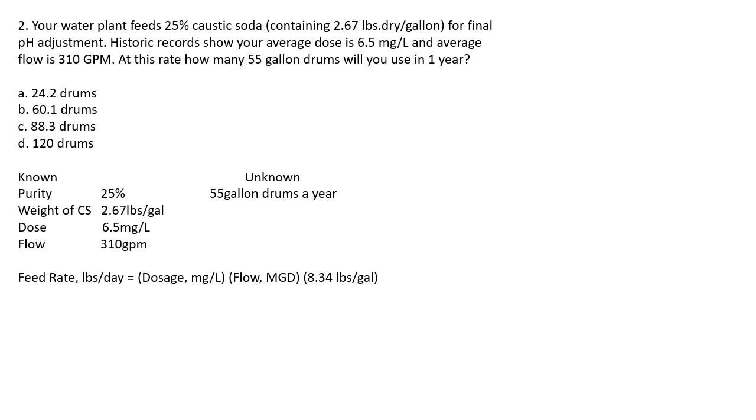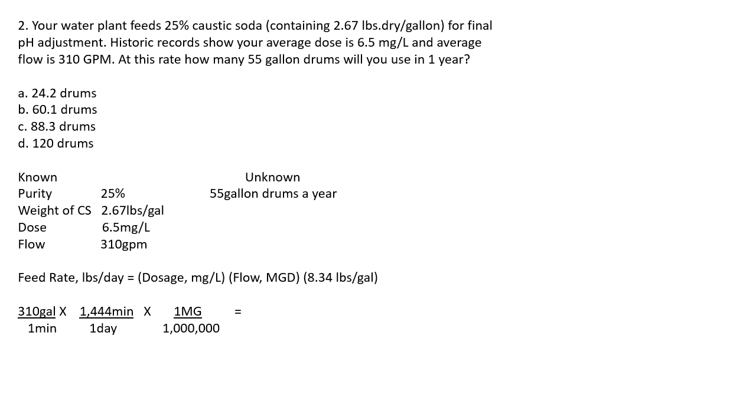All right, so our first step is we're going to do our feed rate pounds per day. So you have dosage milligrams per liter times flow million gallons a day times 8.34 pounds per gallon. So we need to convert our gallons per minute to million gallons a day. All right, so there are 1,440 minutes in a day, and we want to get this to million gallons. So we're going to divide by a million. And remember, what you want to cancel out goes on the bottom. So 310 gallons over 1 minute times 1,440 minutes in a day times 1 mg over a million.